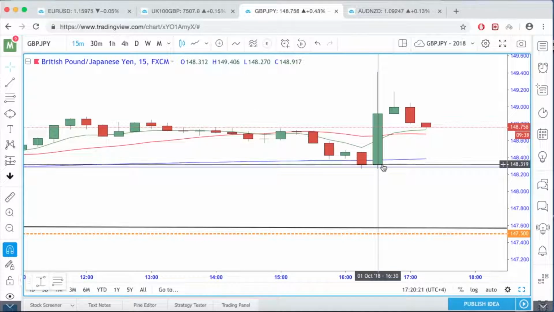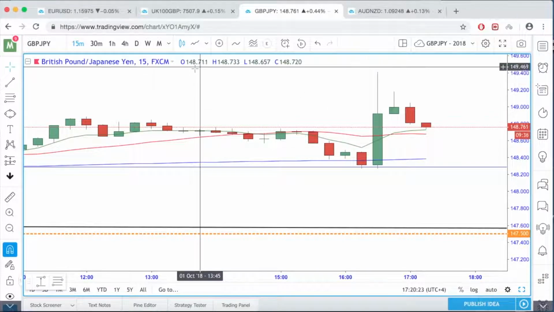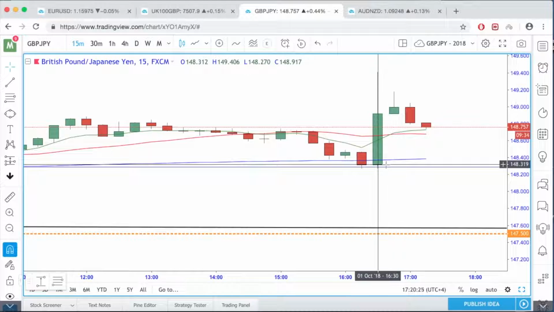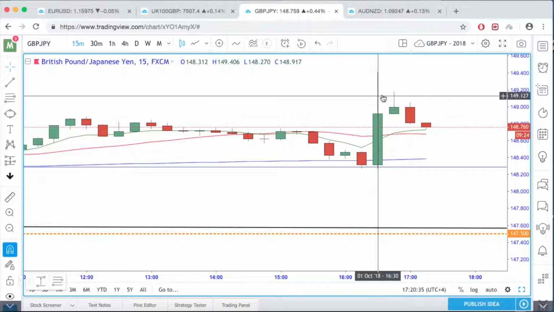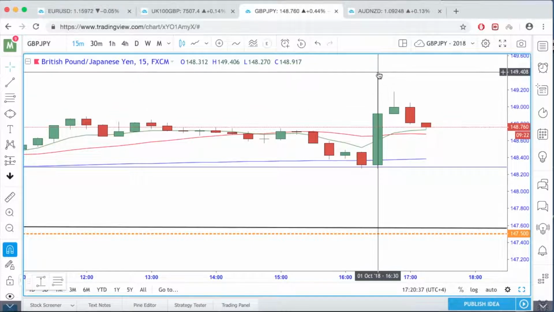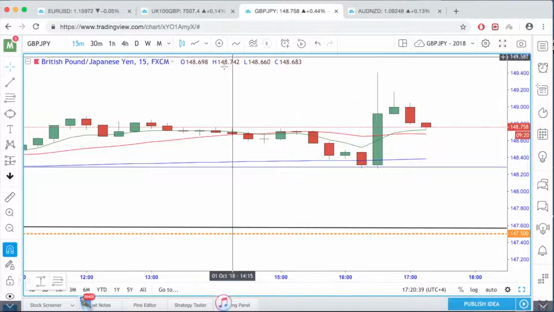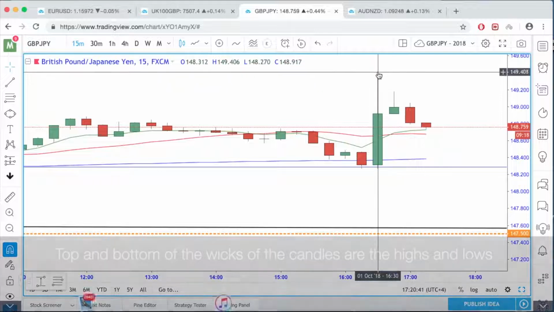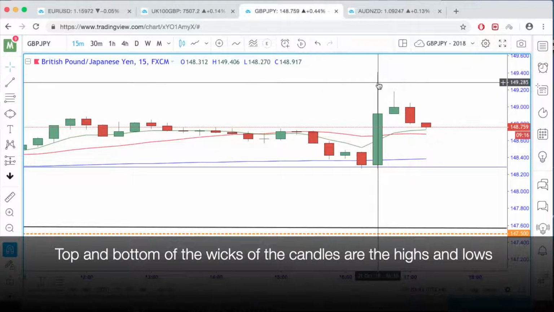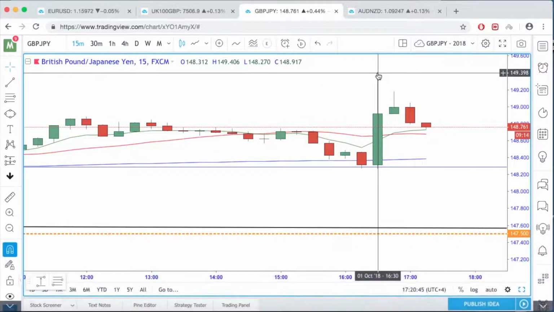So when we look at the top left here, it says 148.312. That's where the candle opened up for that 15 minutes. The price rose all the way up. When we look at the H there, it says 149.406. That was the highest point within that 15-minute time frame that the price reached.